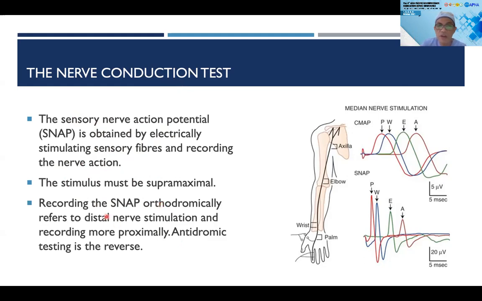So we give the stimulation at the distal nerve, and the recording is proximal. But we can also use the antidromic, which is the reverse, meaning the recording site is distal, not on the proximal side. And then we will obtain the sensory action potential.